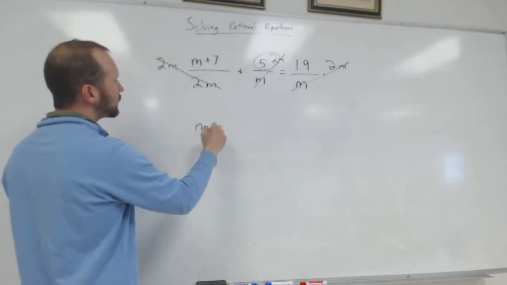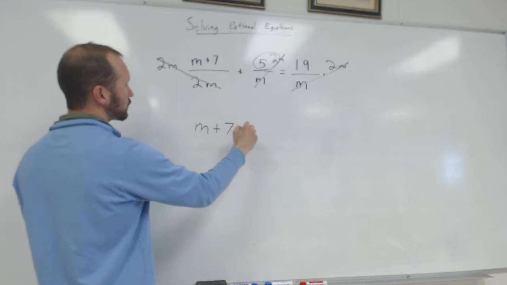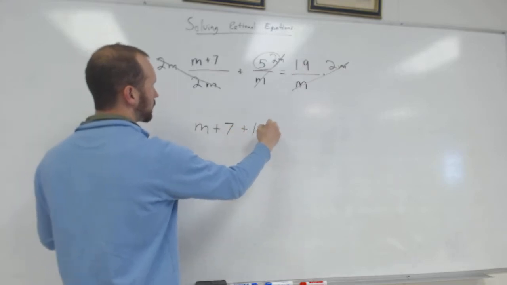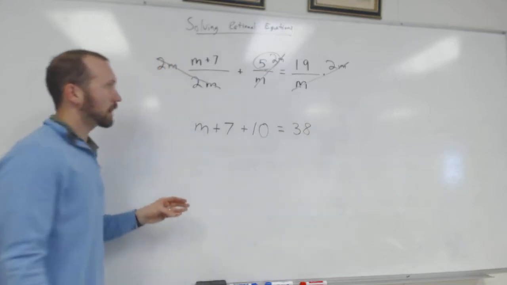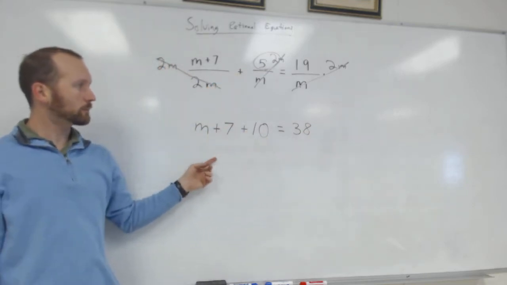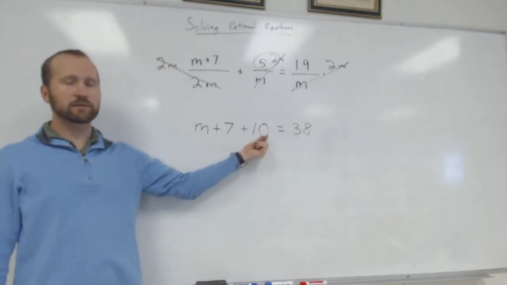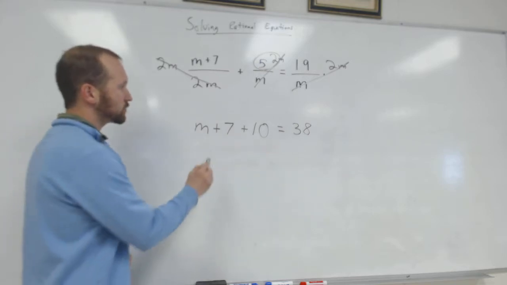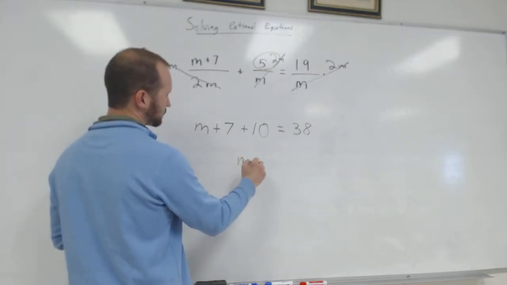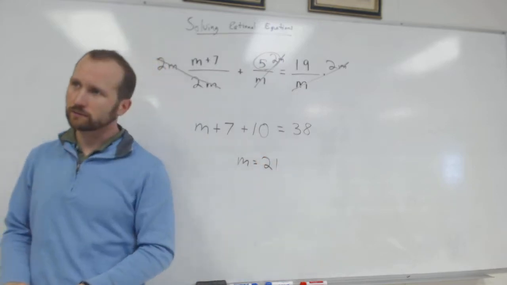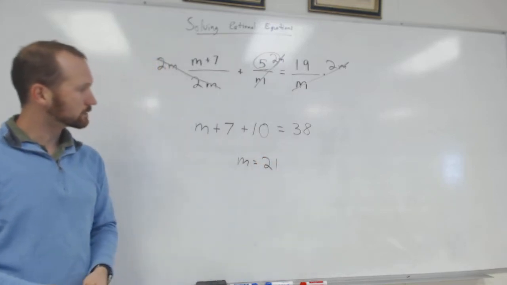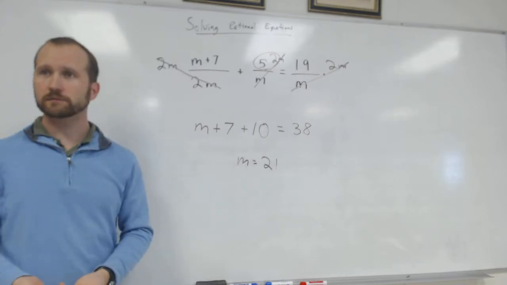So then I end up with a fairly simple problem. When I multiply my 2's, I've got m plus 17 equals 38. Subtract the 17. M equals 21.